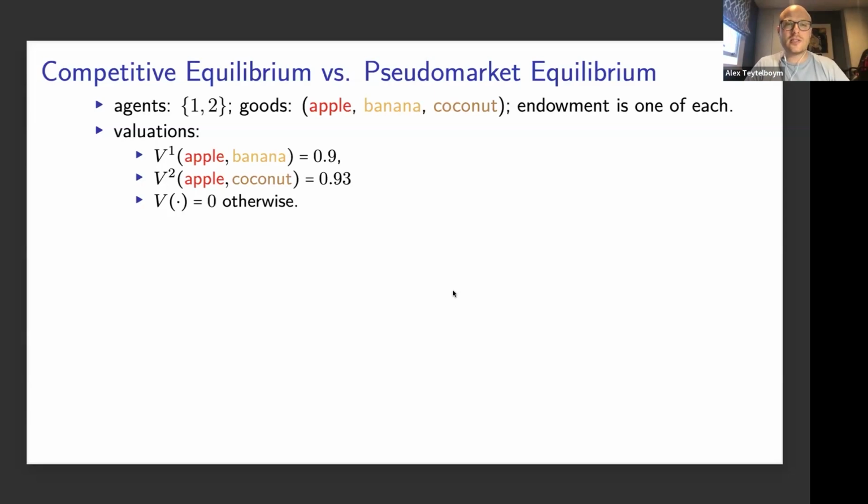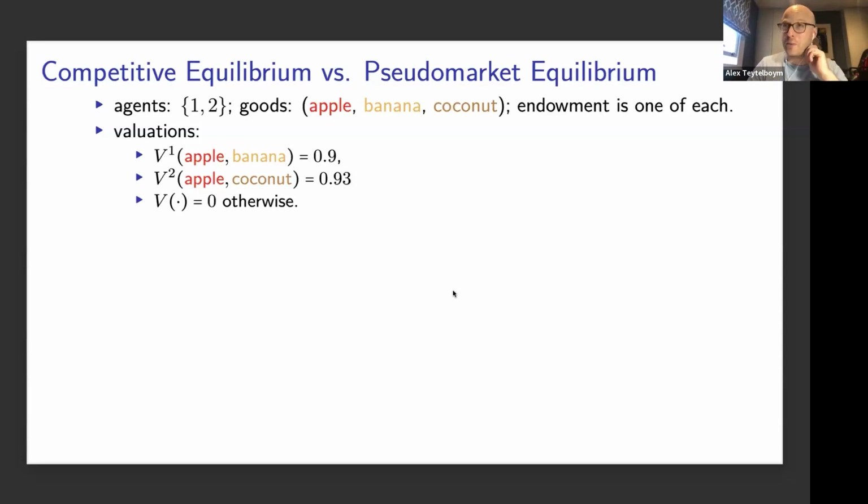And first, let's think about the transferable utility version of this model, which you're very familiar with from Ravi's lecture, and I emphasized it as well. So the two agents are going to want a bundle of goods each. They're smoothie makers, in Ravi's words. So agent one wants the apple and the banana together, but not separately, and they value them at 0.9. And agent two wants the apple and the coconut together, and they value them at 0.93.